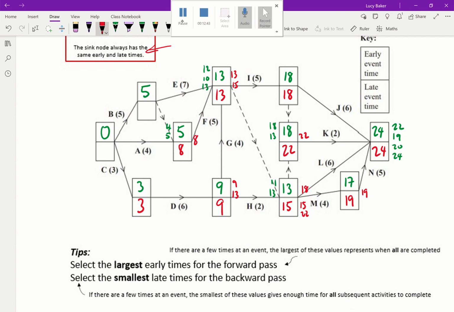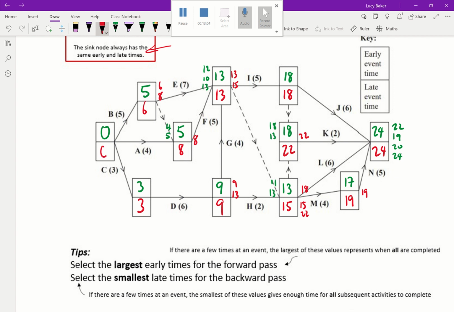For the penultimate event then, we could have 13 minus 7, which would give us 6. Or I could have this event over here, so 8 going backwards along the dummy. Well, it's going to be 6, the smallest number.